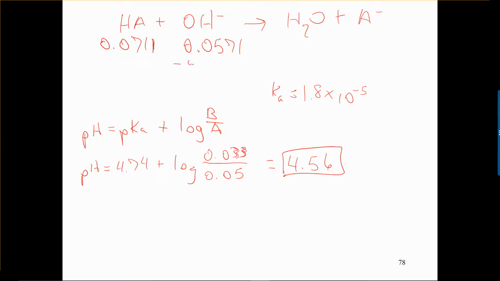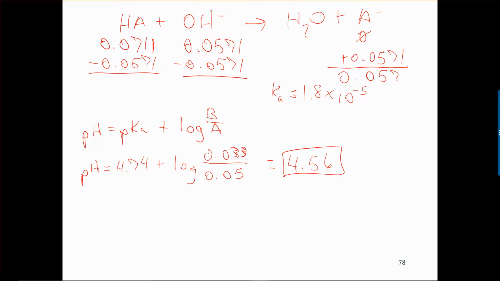Okay, so minus 0.0571, minus 0.0571, and this is a 0 plus 0.0571. We already know what our pKa is. Get rid of this. This is 0.